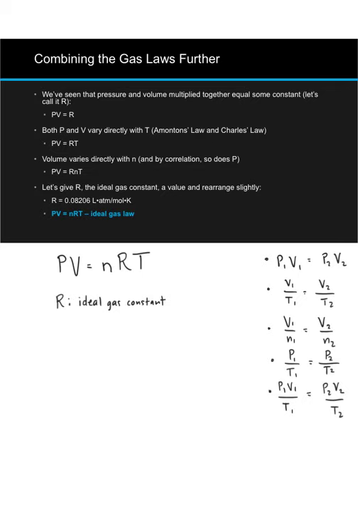Namely, atmospheres for pressure, liters for volume, number of moles for n, and Kelvin for temperature. The value for this ideal gas constant is 0.08206. The units are liters times atmospheres per mole per Kelvin. Liters, atmospheres over mole, Kelvin.